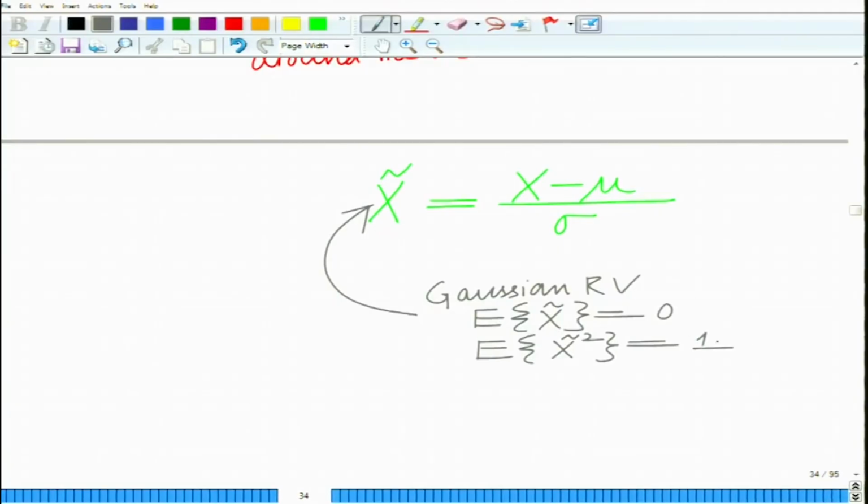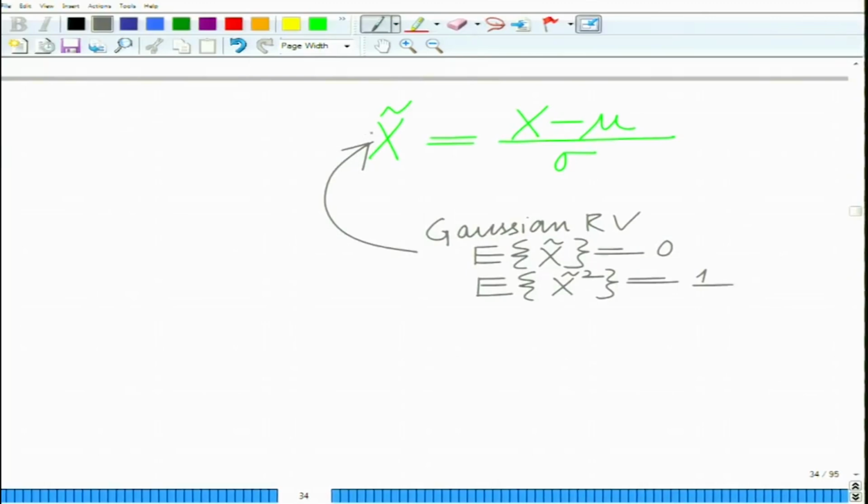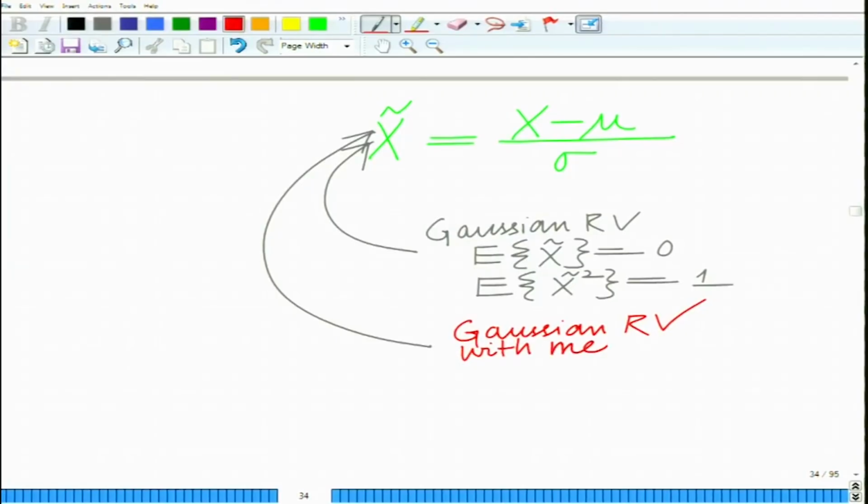So, x tilde is a Gaussian RV with mean equal to 0 and variance equal to 1.